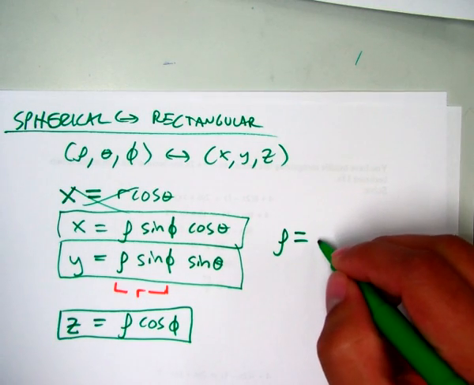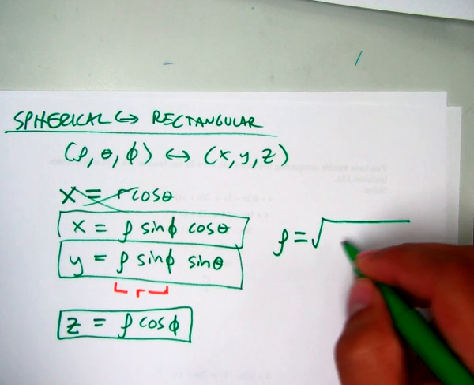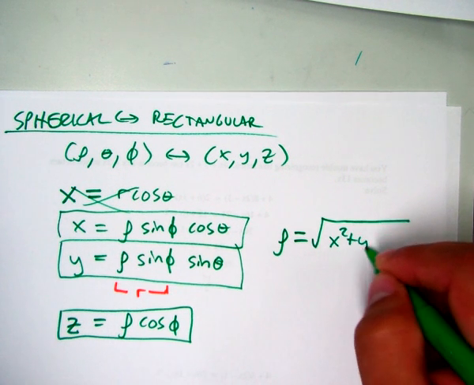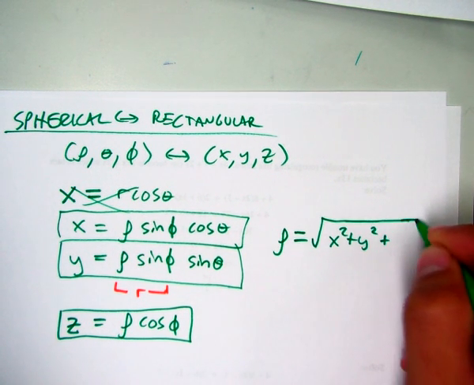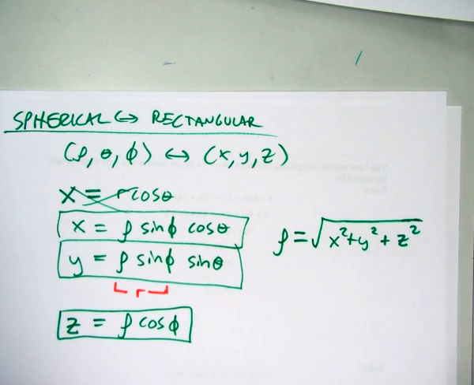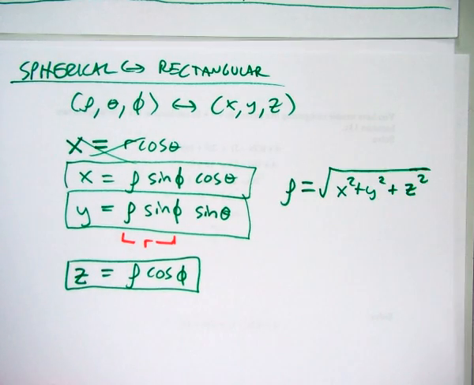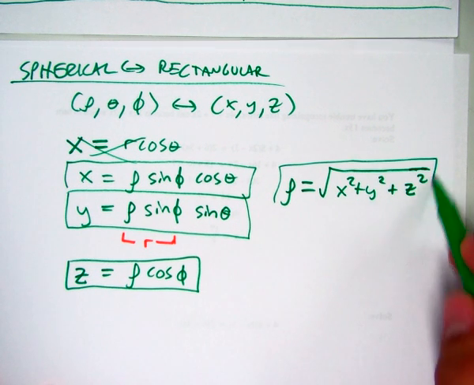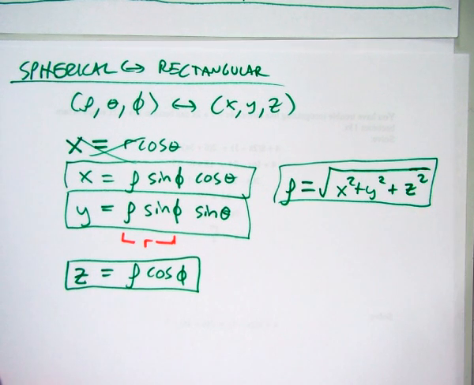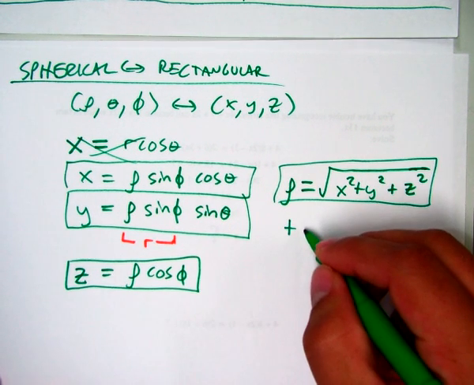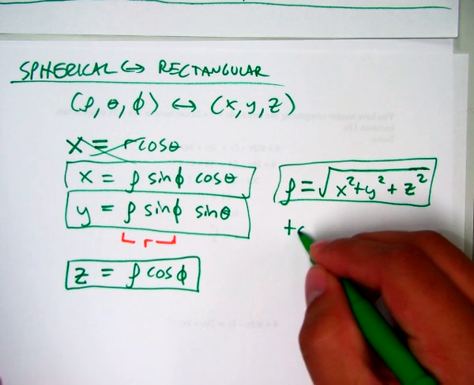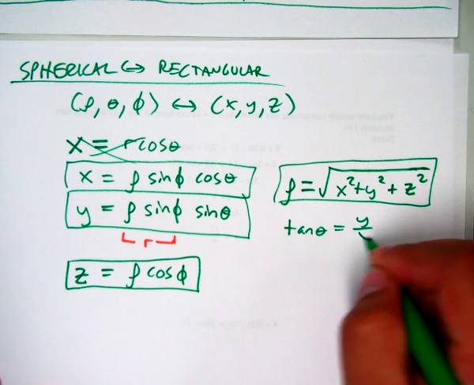So rho would be the square root of x squared plus y squared plus z squared. Just algebra here. Hopefully this isn't too confusing. Just plugging in the formulas. Tangent of theta is still going to be y over x. That's not any different.